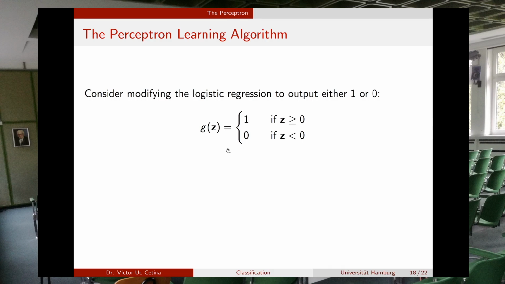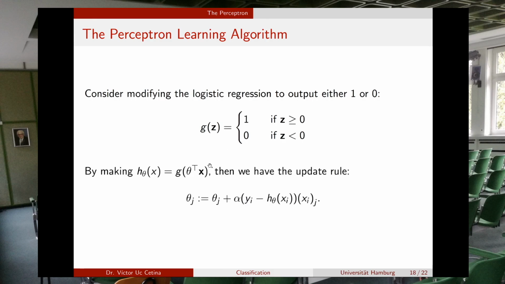However, if you use that function in the same learning rule that we derived for logistic regression, it works, and this is called the Perceptron Learning. So it has a good performance. The only situation with this rule is that we cannot justify mathematically where this term comes from.